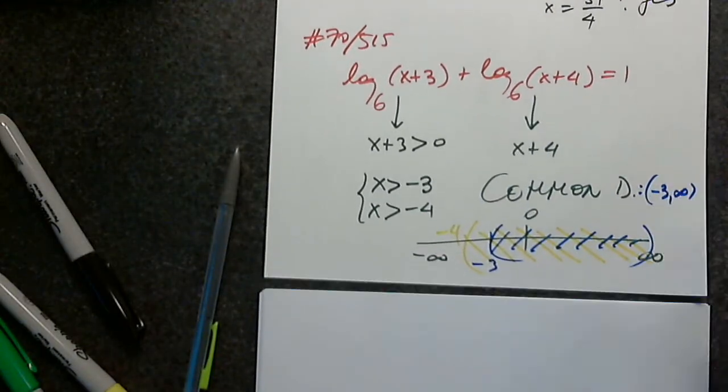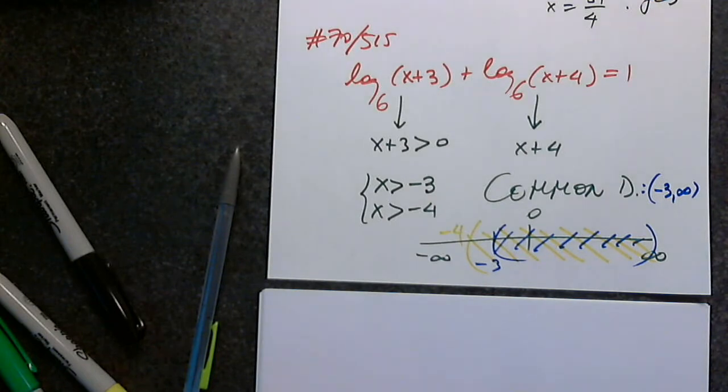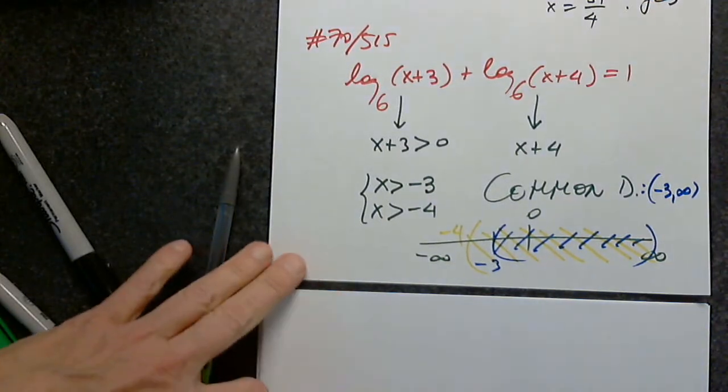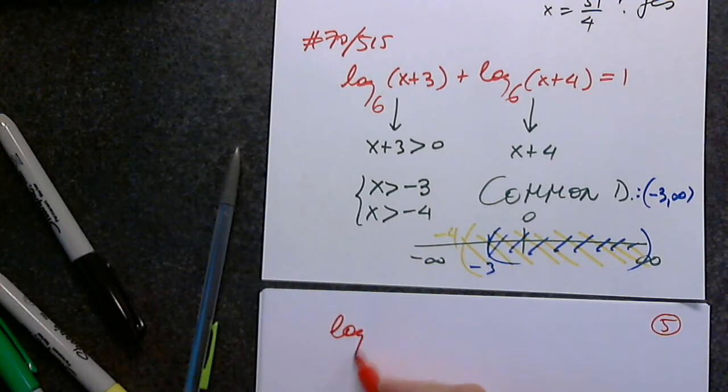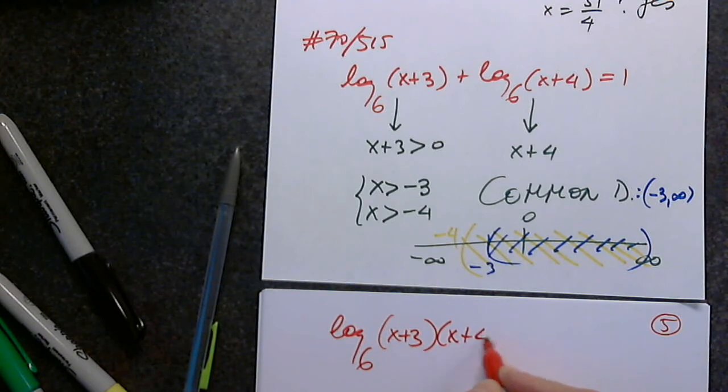How do I condense? That's why we did the condensing last time for this. How do I condense log base 6 of x plus 3 plus log base 6 of x plus 4? It's log base 6 of, very good indeed. Perfect.